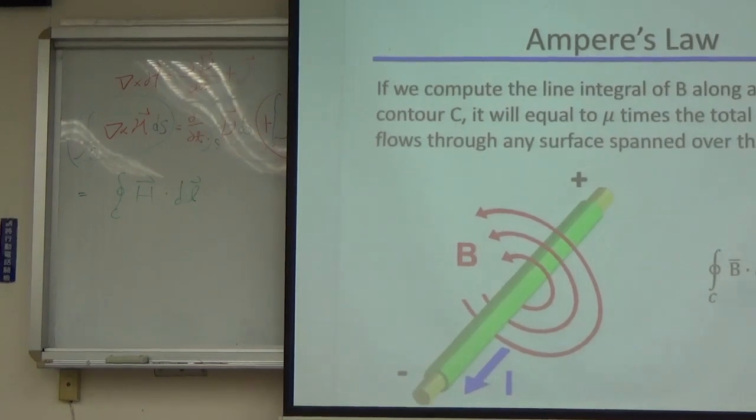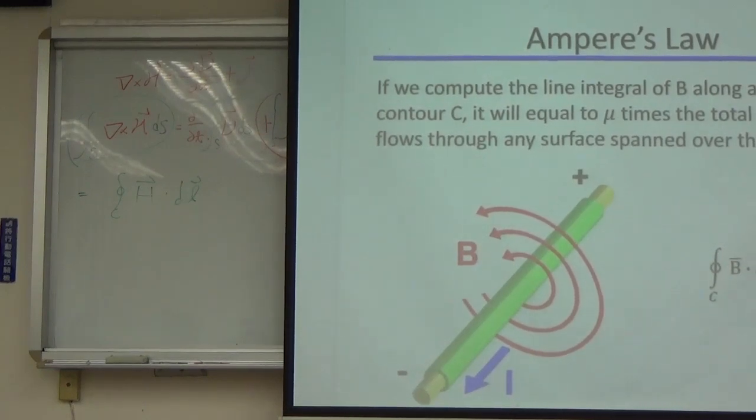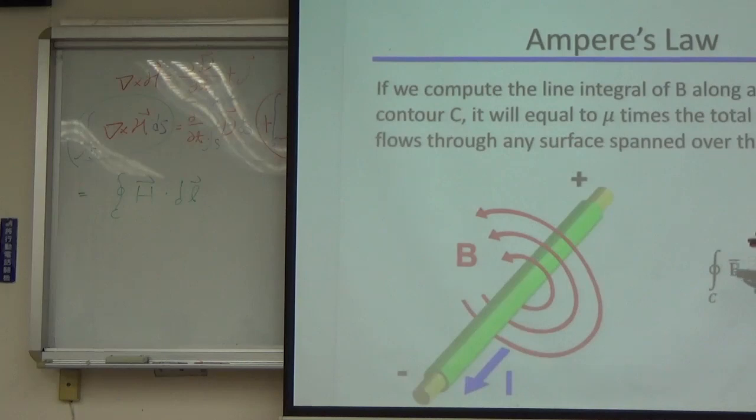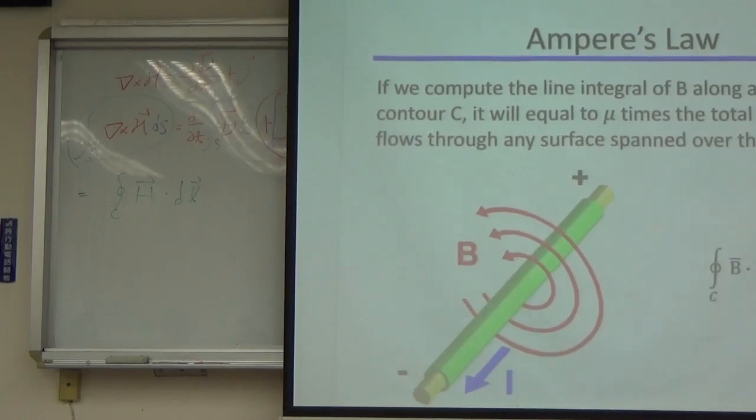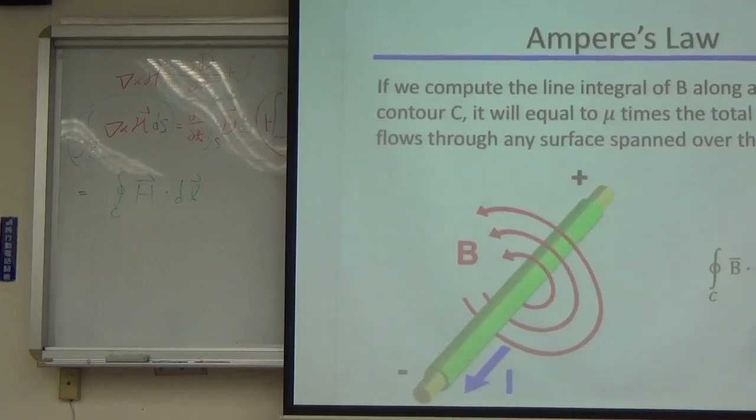If there is a current, you have a magnetic field. Now you integrate the magnetic field, and you know the current inside. So we prove that the second equation is Ampere's law.